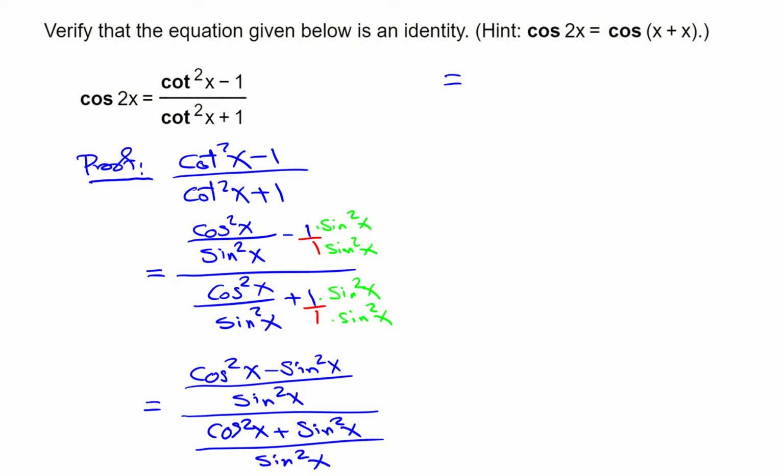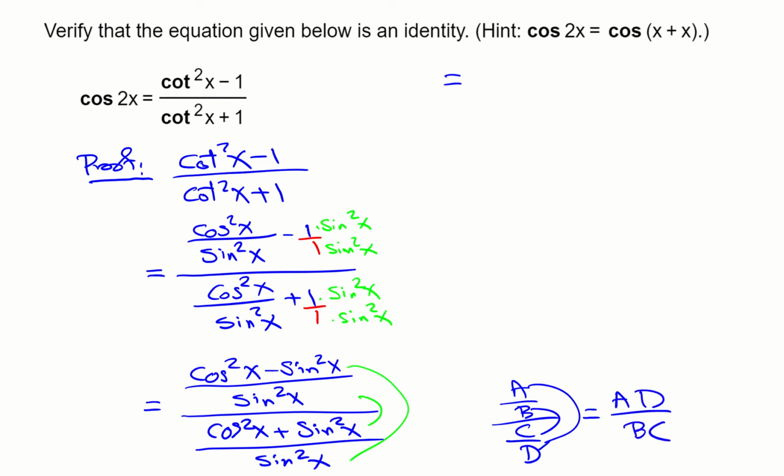So now we can do the outer product over inner product, because we have just one fraction over one fraction in the form of a over b over c over d. And we've discussed in other videos that you can do this kind of shortcut, AD over BC.